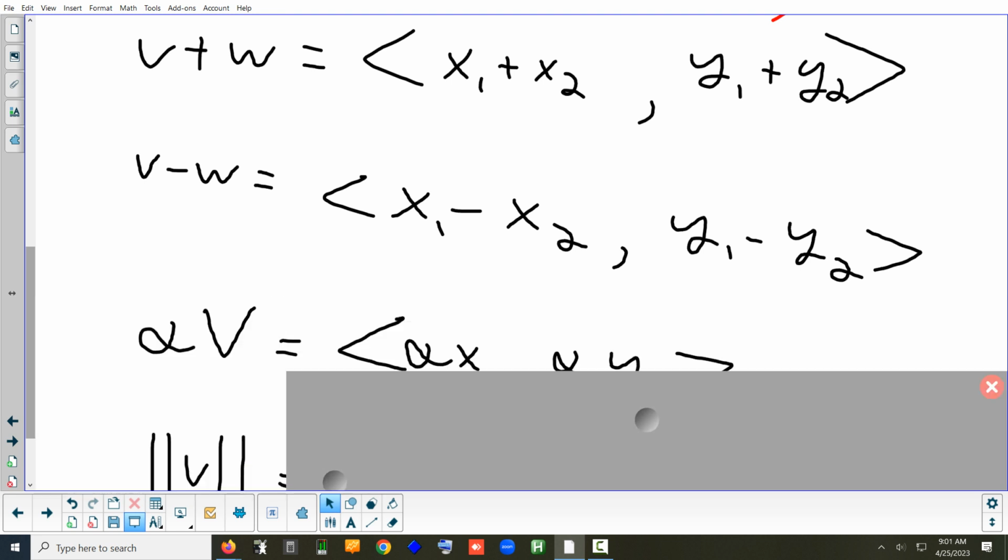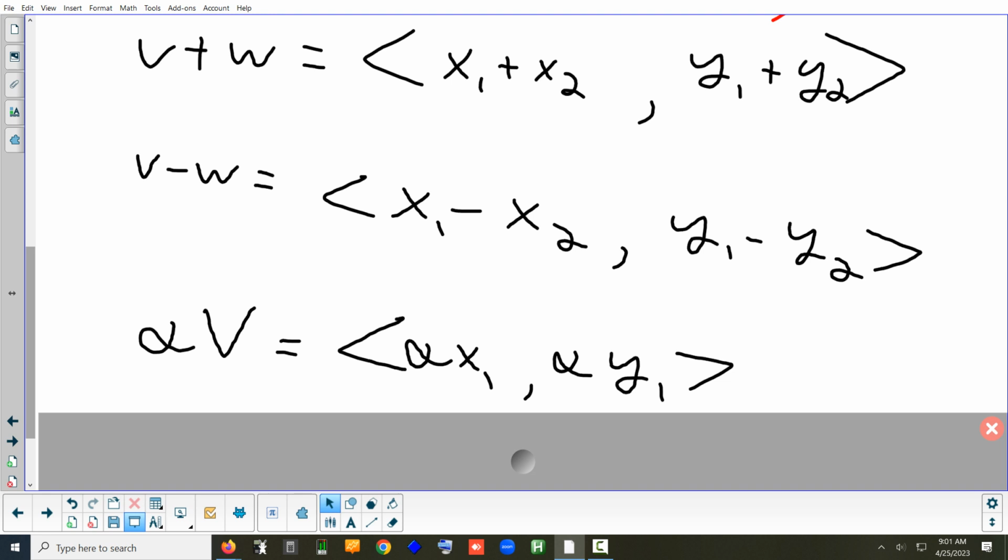And this is scaling. So when we scale a vector, we don't use 2 vectors. When you add, you need 2. When you subtract, you need 2. But when you scale, you only need 1. And the way scaling works is you might have a number like 3b. That 3 would take the place of alpha. This 3 is basically like a distributive property.